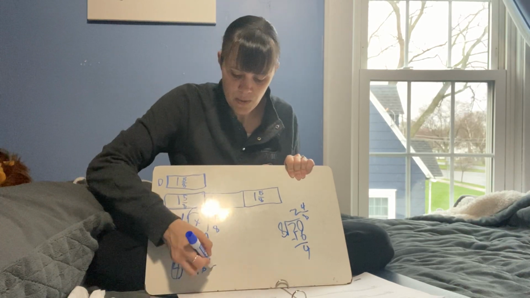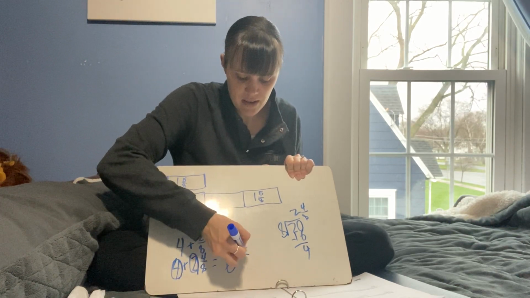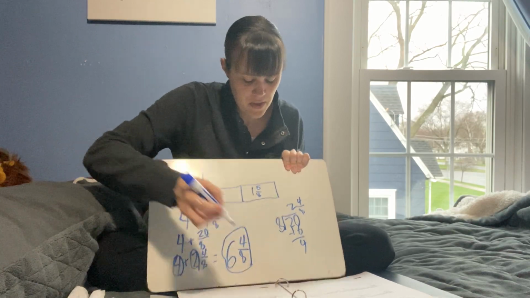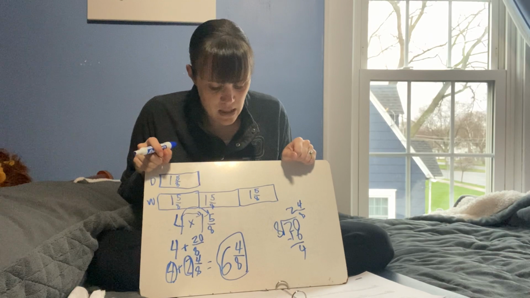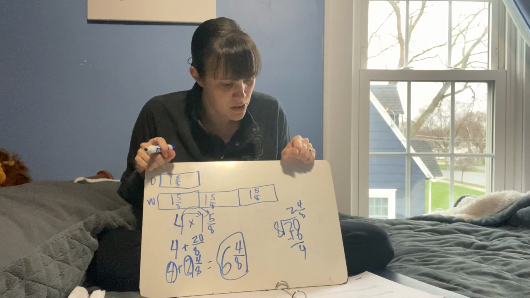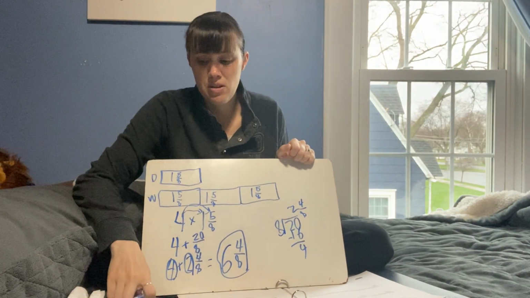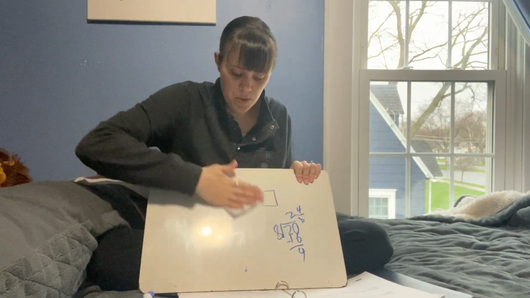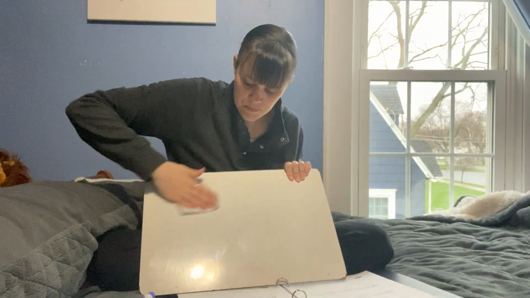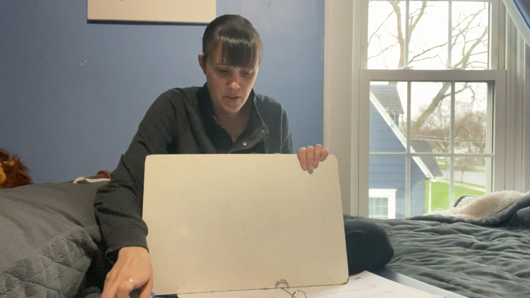Add these together, we have 6 4/8 total is needed. So you would write, the seamstress needs 6 4/8 yards of fabric to make both dresses. These are good word problems. I like them. You see? Yeah. All right.